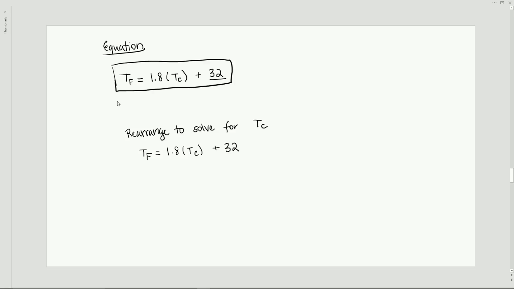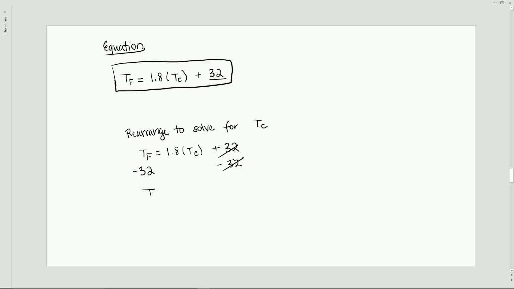But what if we're given a temperature the other way around? Let's say we're given a temperature in Fahrenheit and we want to find the temperature in Celsius. We would need to rearrange this equation to solve for the temperature in Celsius. First we subtract 32 from both sides because we want to get the temperature in Celsius by itself. The positive 32 and negative 32 cancel, that goes to 0.